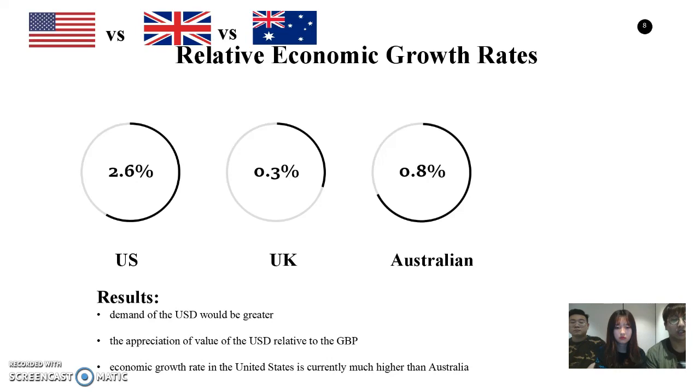The Australian Bureau of Statistics reports that there has been a 0.8% increase in Australian GDP in quarter 2 2017. Compared to this, the economic growth rate in the United States is much higher than in Australia.